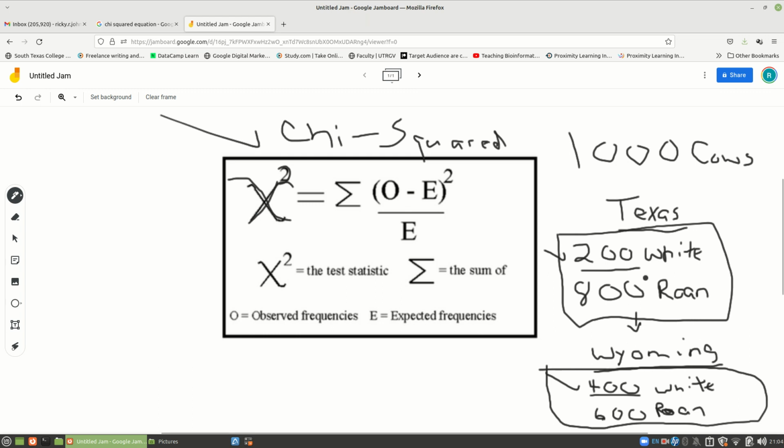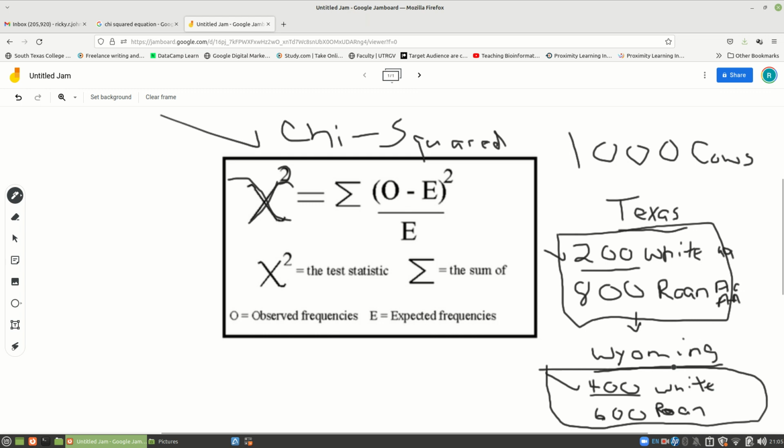So here you have 1,000 cows, and there are so many little a's. Let's say white is little a, and roan is big A, or homozygous dominant and heterozygous. If this number changed, the allele numbers change.